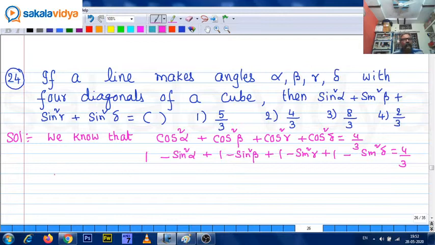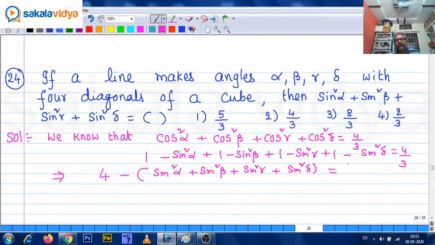Okay. So 1 plus 1 plus 1 plus 1, that is 4, minus of sin square alpha plus sin square beta plus sin square gamma plus sin square delta equals to 4 by 3. So we need to find out this one.